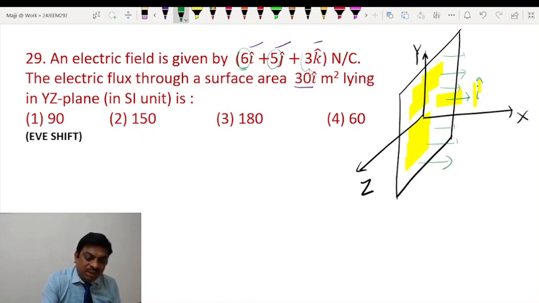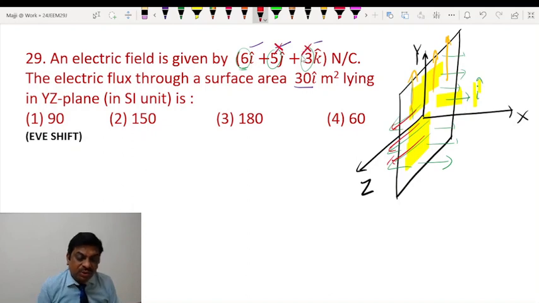The y component and z component will be running parallel, and as you know, when lines of force are parallel to the plane of the area, no flux contribution will be there whatsoever. So there is no flux contribution due to the y component as well as the z component, because these field lines are parallel to the surface.